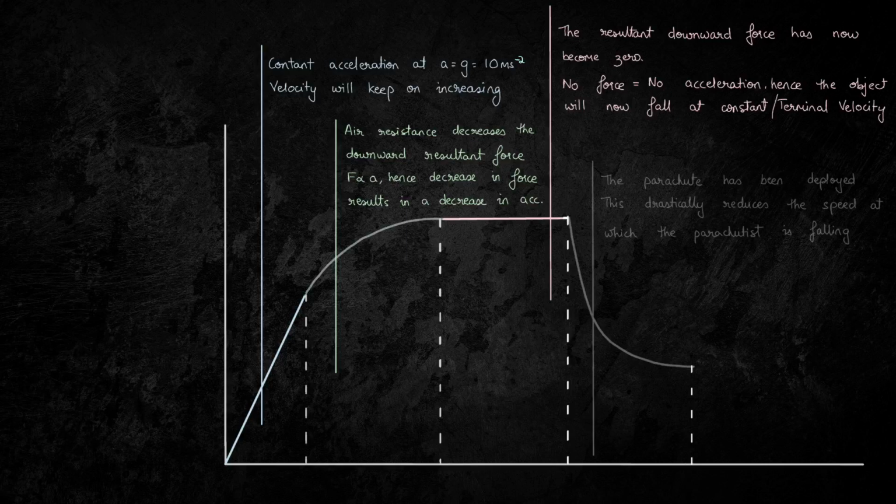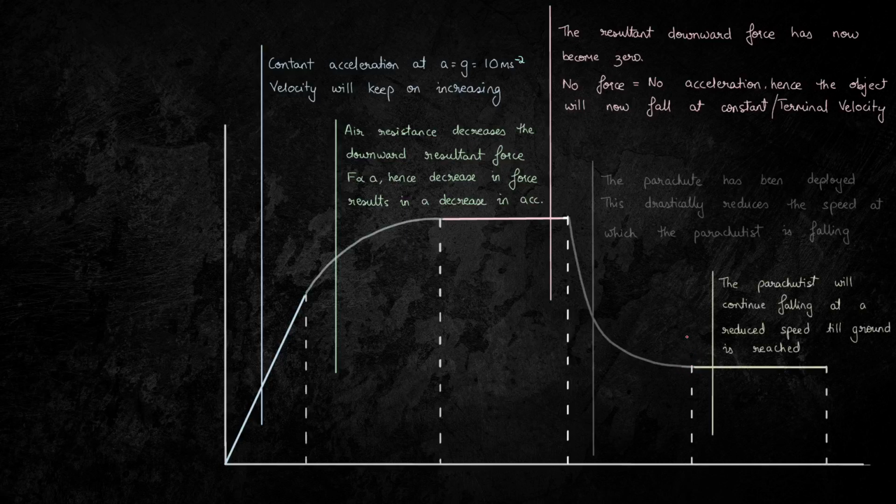That causes a decrease in speed of the parachutist, which we can see as the velocity time graph goes down. As the velocity time graph goes down, we can see that the velocity is decreasing. And at this point right here, again, the air resistance and the weight of the parachutist have balanced each other out. And the parachutist will continue at a new, much lower terminal velocity and will touch down safely.